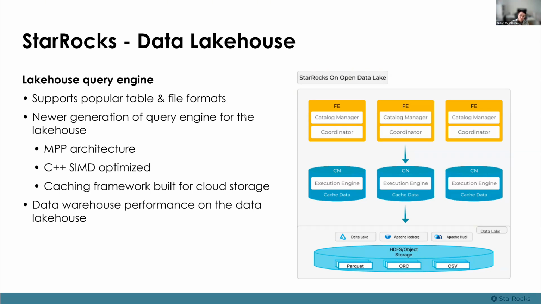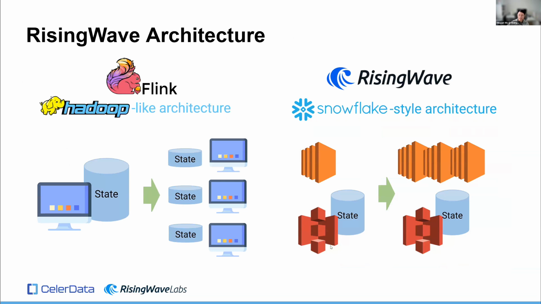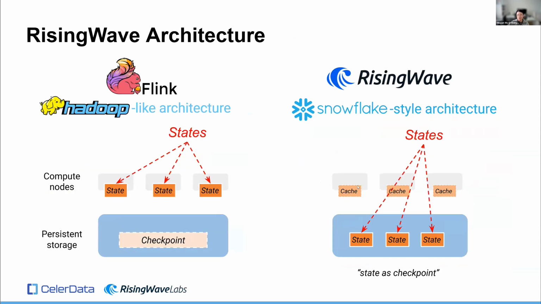So in RisingWave's case, without the cache, you would have to frequently access S3. Imagine accessing 1,000 times every single second, with every single access taking, I don't know, 200 milliseconds. That's definitely not tolerable. 100 to 200 milliseconds is pretty standard, not a surprise for S3.